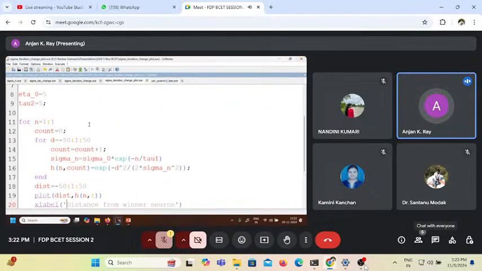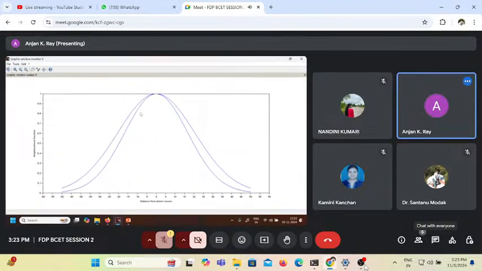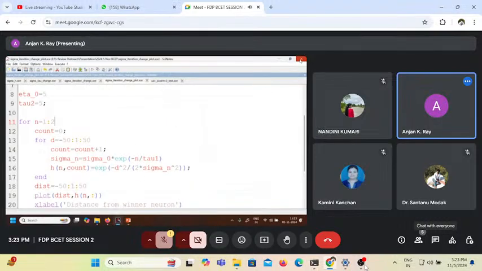Now, what happens if I increase the samples to 2? If we run it, you will see that the value is decreasing for the neighborhood. But in that case also, at 0, the winner neuron gets the highest neighborhood component.